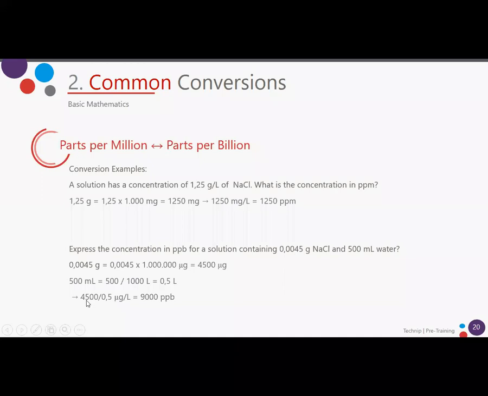And then I divide 4,500 by 0.5, which will get me 9,000 ppb. Okay, so the concentration of my solution of sodium chloride is 9,000 ppb.